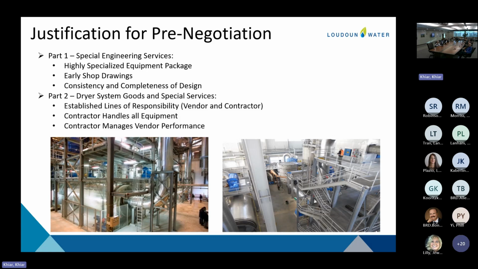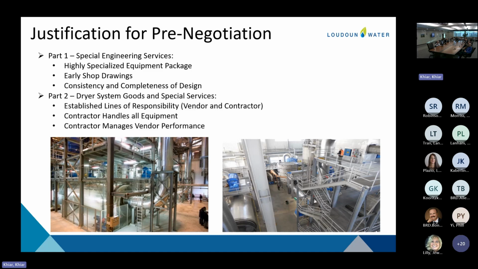The idea is that that vendor design will fold into the larger Package 3 design, and all the connections and interconnections will be sorted out and well developed. And once that happens, we'll take the completed design and go to part 2.